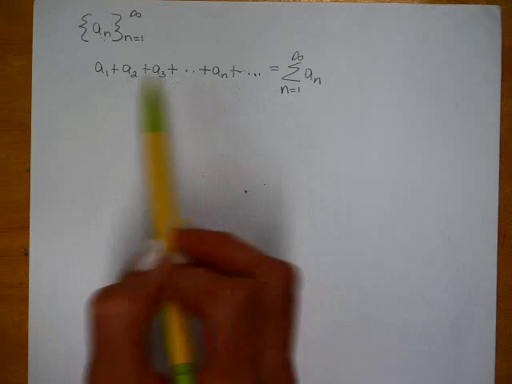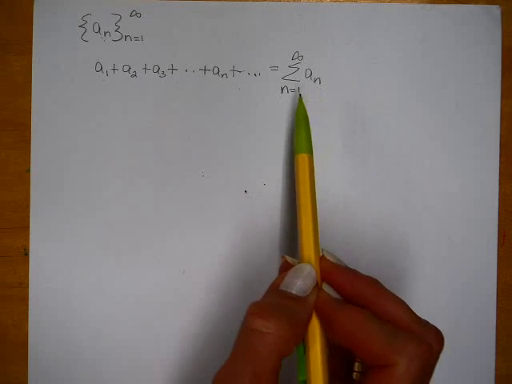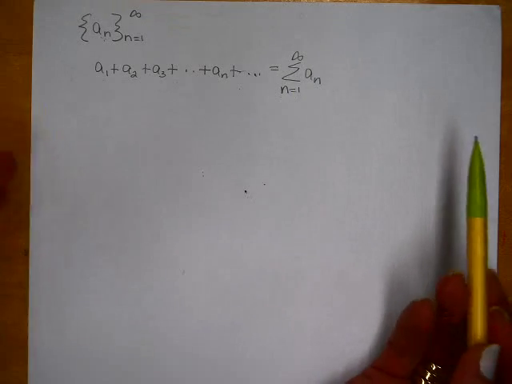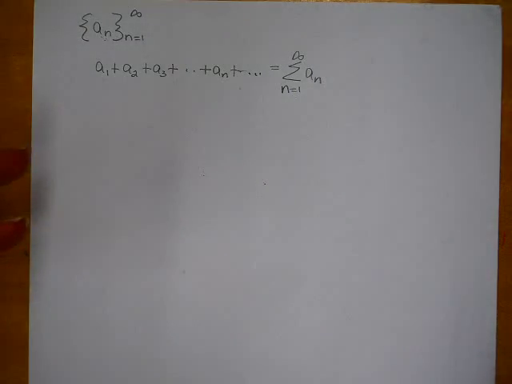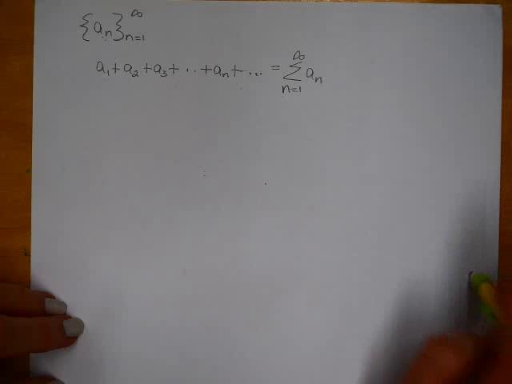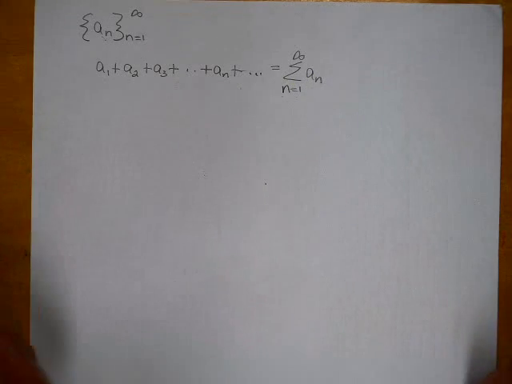Now, this is adding an infinite number of terms, which you might wonder, if you add an infinite number of terms, does it get larger and larger and larger if you keep adding all those terms together? And the answer is that maybe or maybe not. This sum may be actually approaching some number.